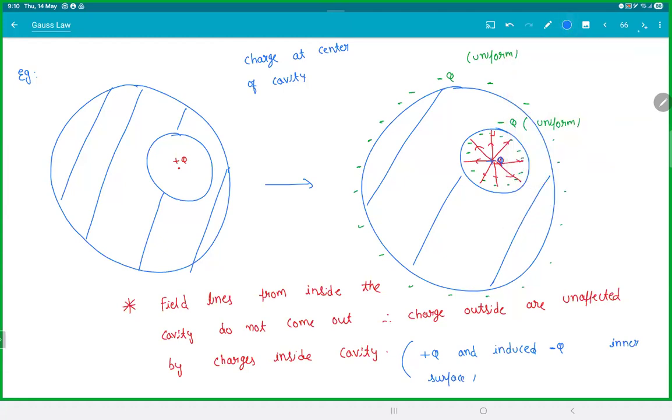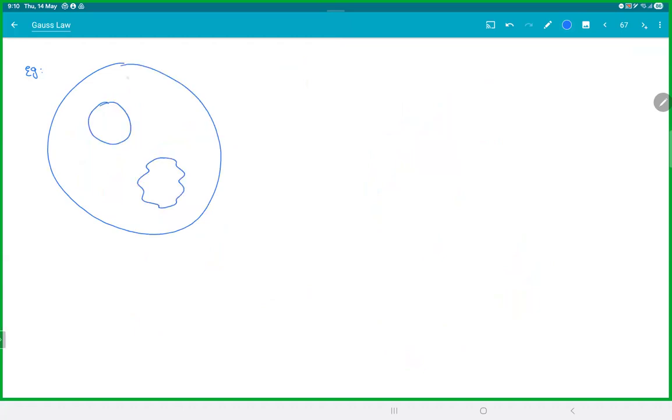Let me take one more example. What if the outside is uniform? Let's say we have a spherical cavity and a random cavity. We have two cavities. And let's say here we have a Q1 charge.